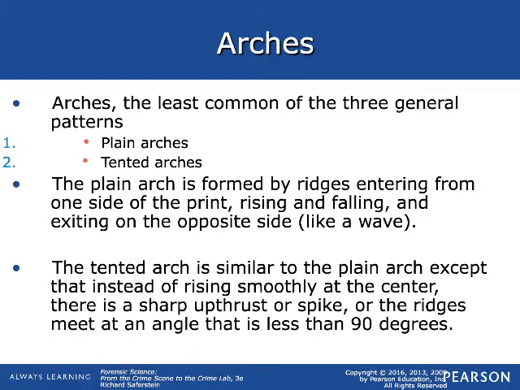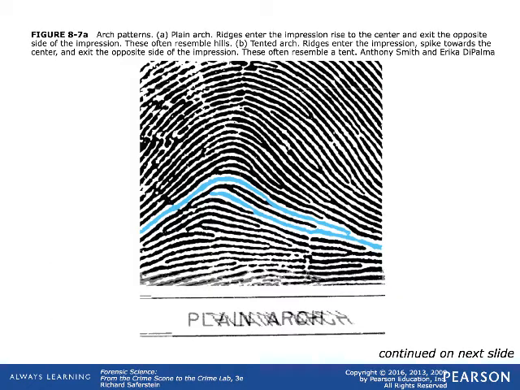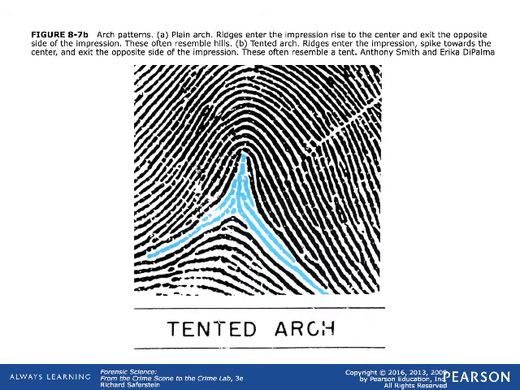Okay, so it goes up. So they say the ridges meet at an angle that is less than 90 degrees. So a plain arch just kind of looks like a wave going by you. A tented arch, the wave spikes up real high and then comes down. Kind of looks like a tent, if you had a tent stake going up in the middle of a triangle tent.